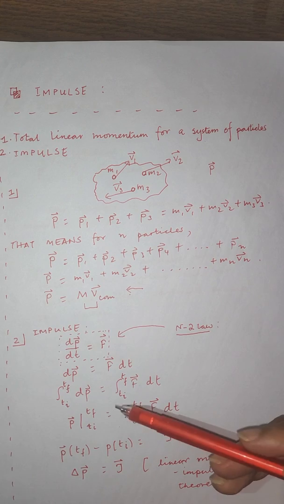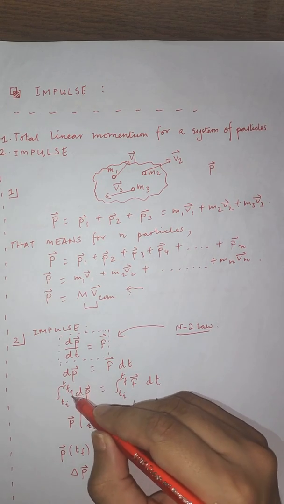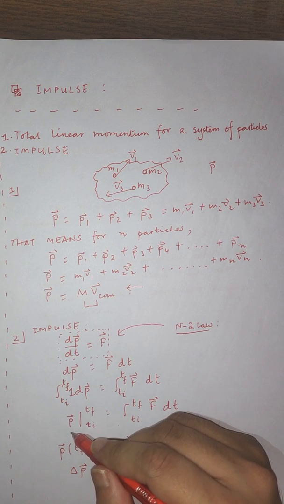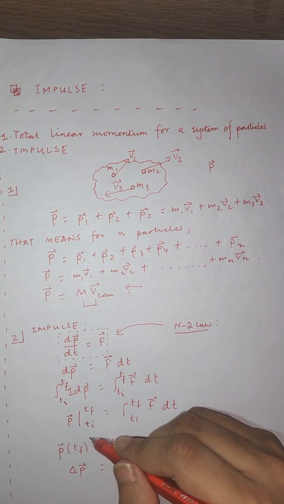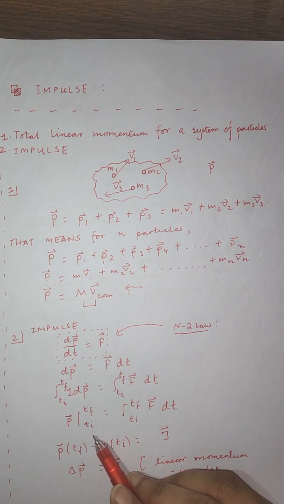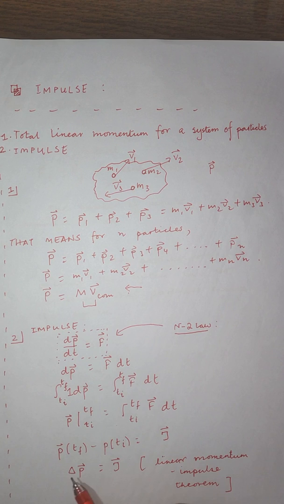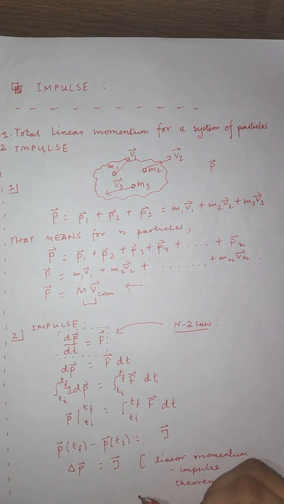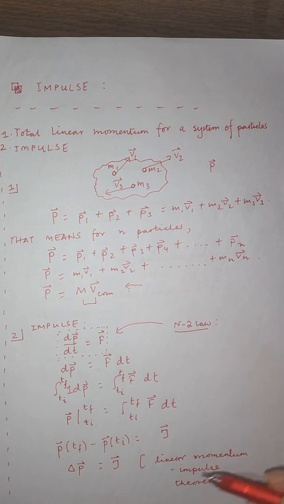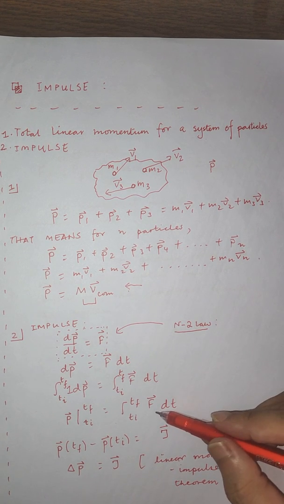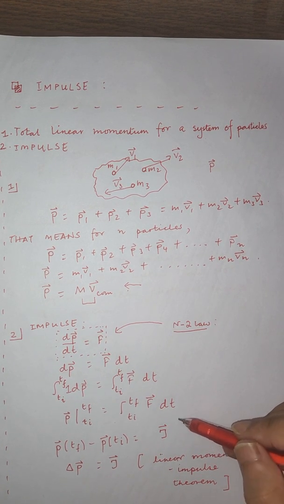Here on the left hand side we have 1, so integrating 1 with respect to p, we end up with p, and then evaluating p using the initial time and the final time, we have p at the final time minus p at the initial time. On the right hand side we move on with this integral of the force with respect to time.